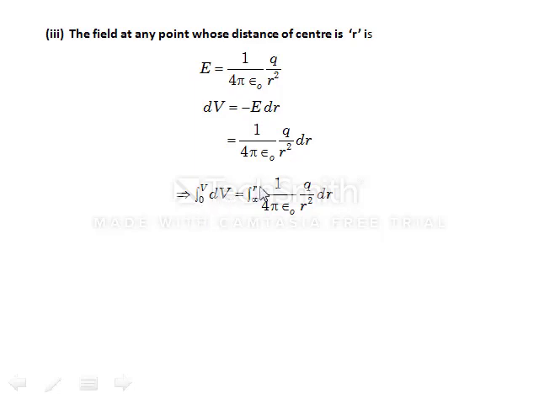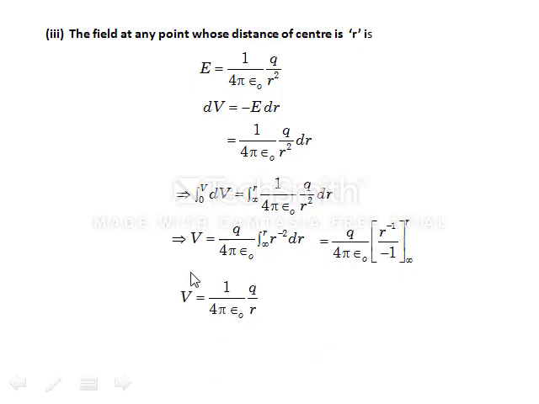And at distance r outside the shell, the potential is V. Integrate it, all constant factors will come out. This q by 4 pi epsilon naught, you are left with r to the power minus 2 dr. Integrating, it becomes r to the power minus 1 by minus 1. Put the limits, and finally this is the result.